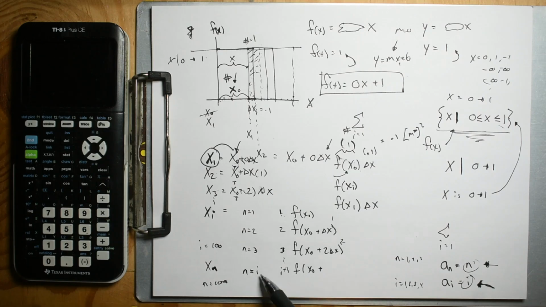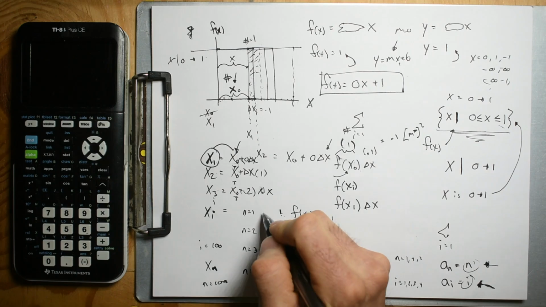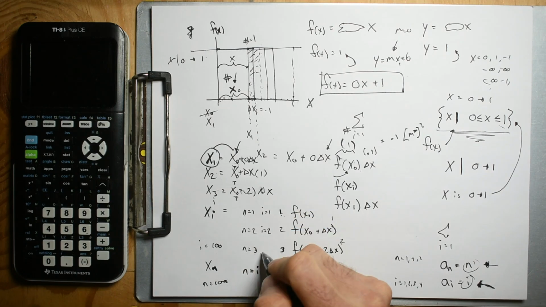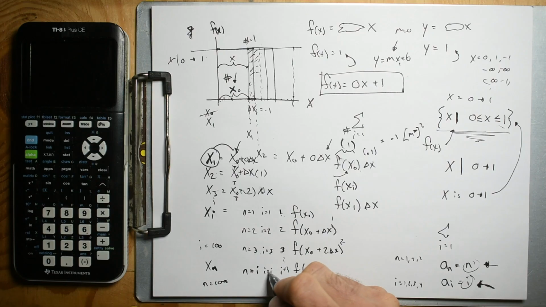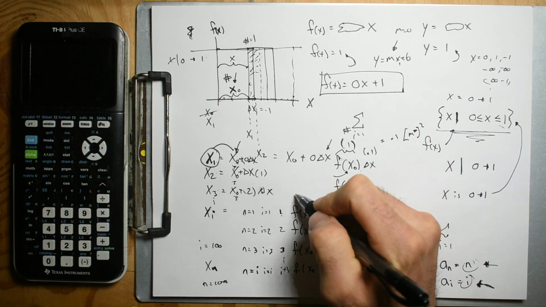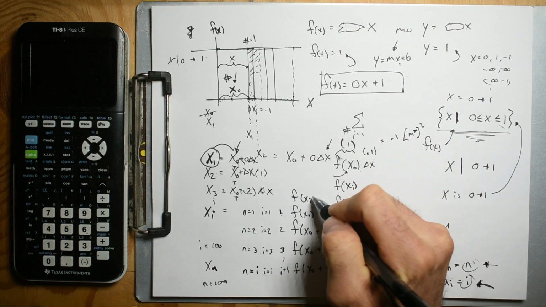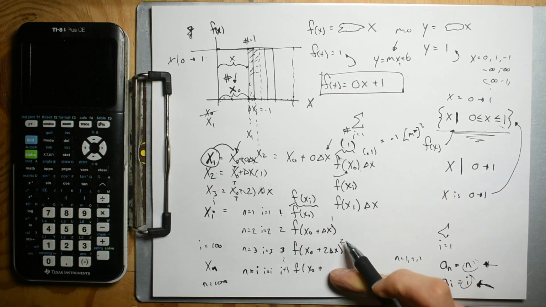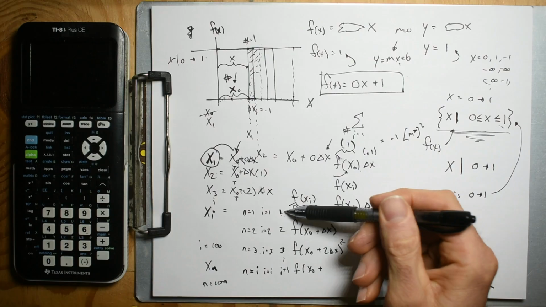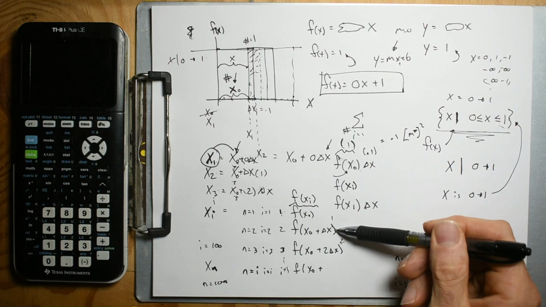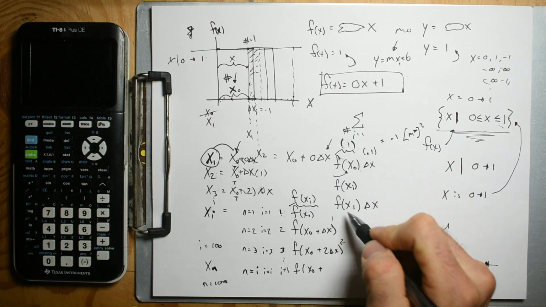I think this would be more sensible if you said i is equal to 1, i is equal to 2, i is equal to 3, i is equal to i. So let's write that. Because, hey, this is f of x_i. That's what all of these are.